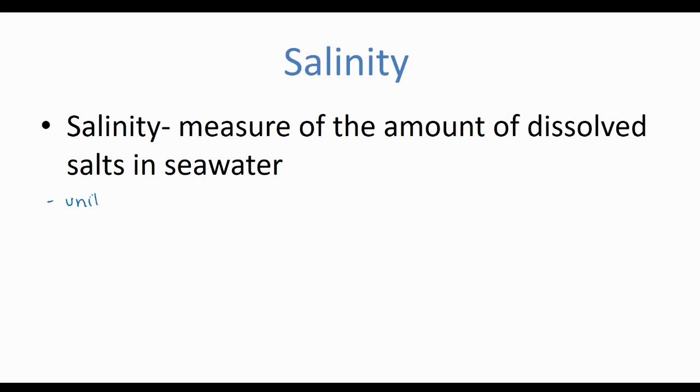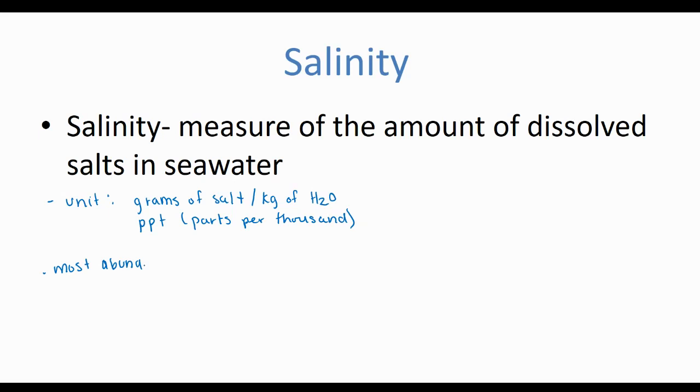The unit we use is grams of salt per kilogram of water, or parts per thousand. That is how salinity is expressed. The most abundant salt in the ocean is sodium chloride.